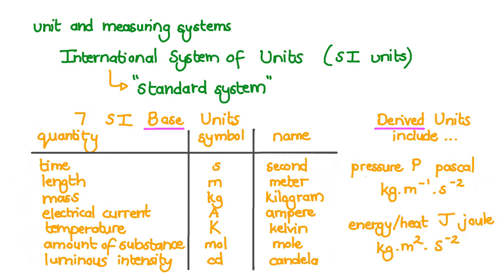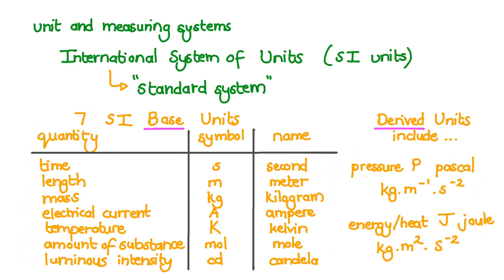The derived unit for energy or heat is the joule with symbol uppercase J. And written in base SI units, it is the same as a kilogram meter squared per second squared. We won't be investigating derived units any further in this video.